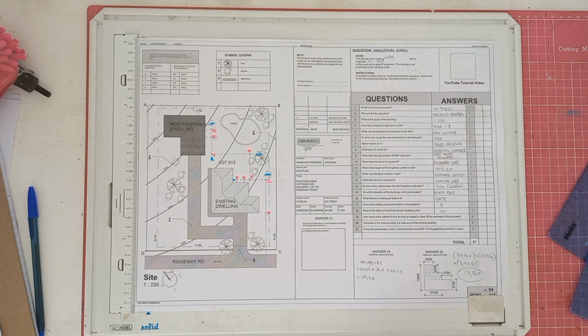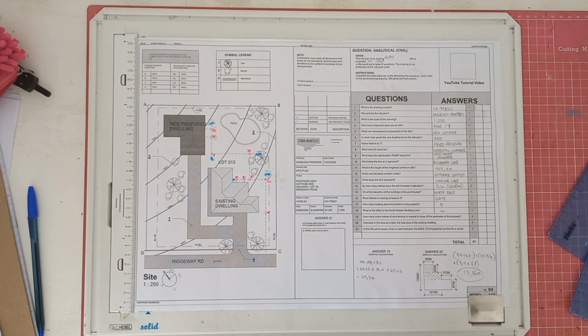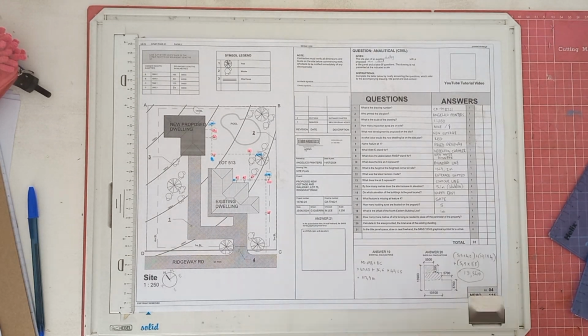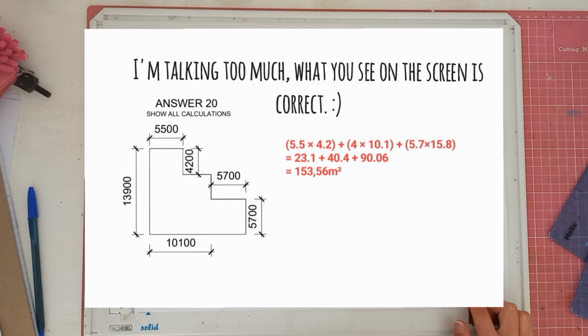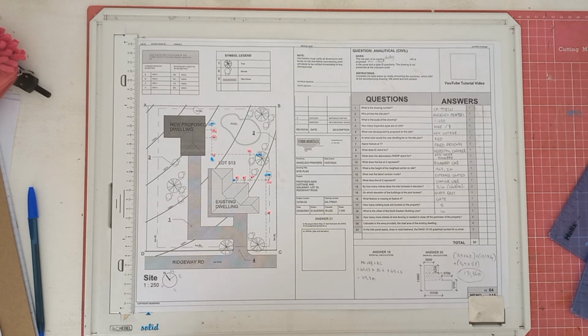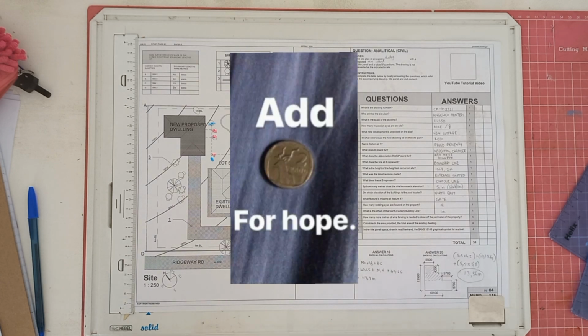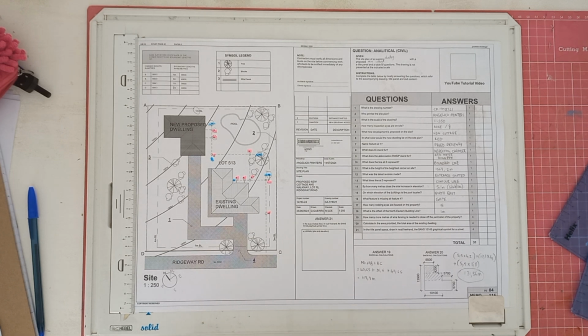But let me just see where I went wrong so I can explain that better to you guys. Okay, so my answer has stayed the same to what I originally worked out. As I said, this is the correct answer, but I'm not going to throw you guys under the bus. I'm just going to take the memo answer and put it up on the screen for you guys so that you do not get the wrong answer. Okay, so forgive me for that. I somehow always get it wrong, so no surprises there with me.